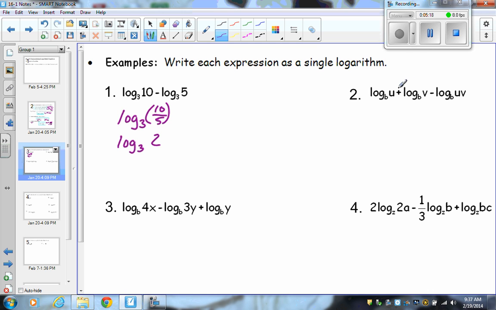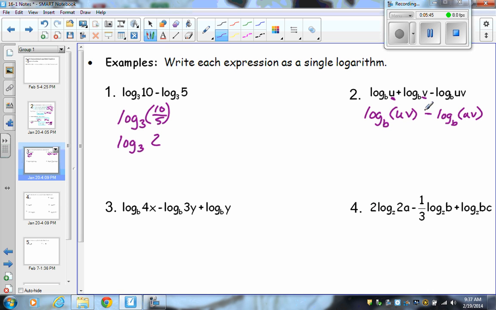On example 2, we first have an addition here, which goes back to the product property, which says that I can take these two and multiply them. So I have the log of the base, which in this case is b, and if I multiply those, I just get uv, minus the log b of uv.